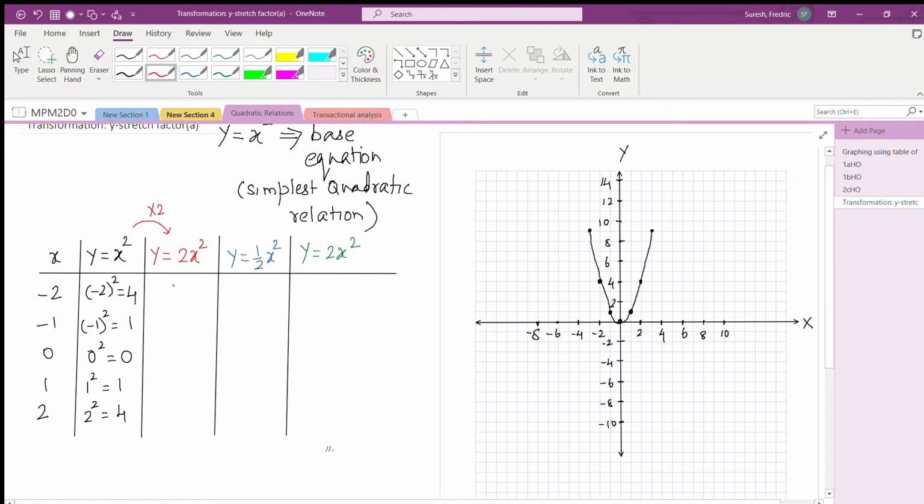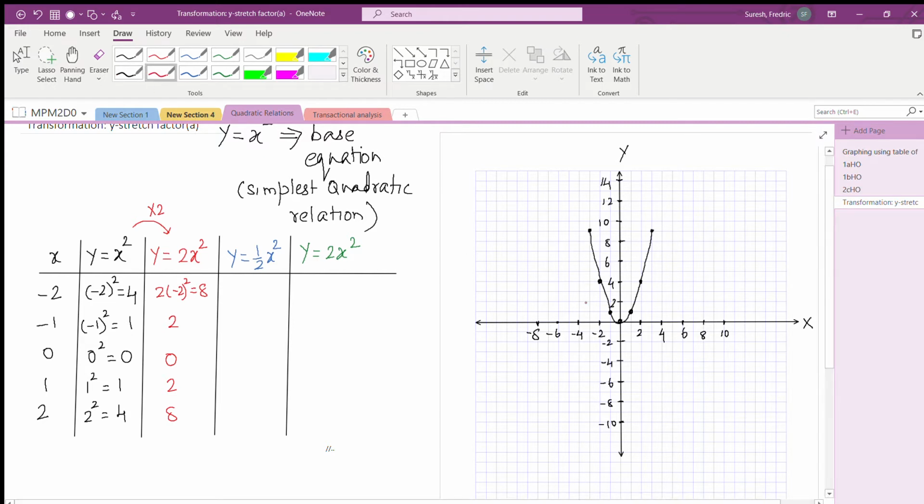Either you can put that into your calculator like this, 2 times -2 to the power of 2, you will get 8. Notice that it's 4 times 2, 8. Or you can just simply multiply the 1 here by the 2. So 1 times 2 is 2, 0 times 2 is 0, 1 times 2 is 2, 4 times 2 is 8. So either you apply the formula like you see in the first entry, or you can say, all right, x squared values are given here, and you simply have to double them.